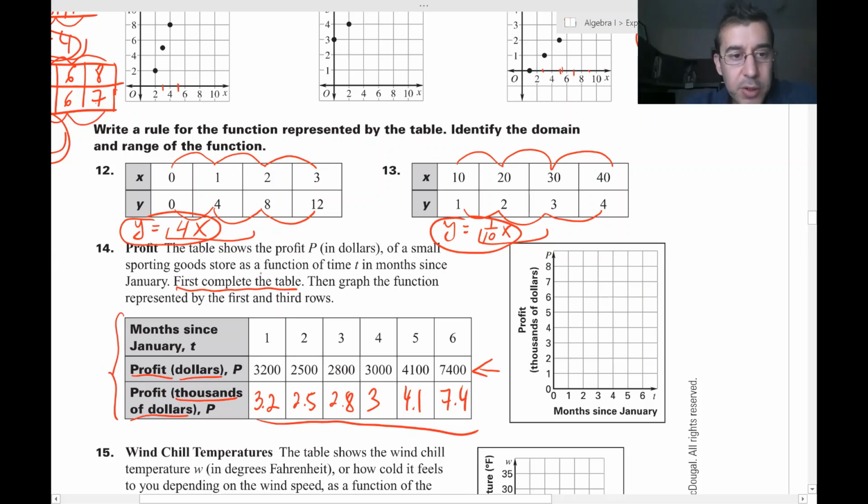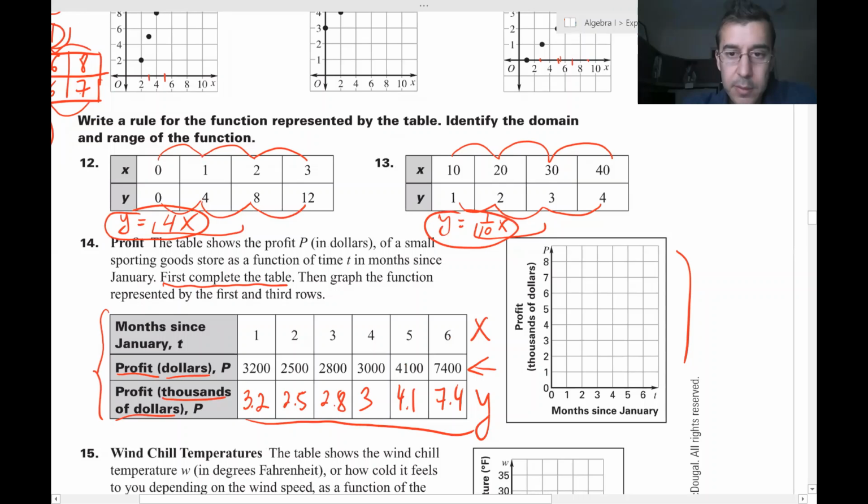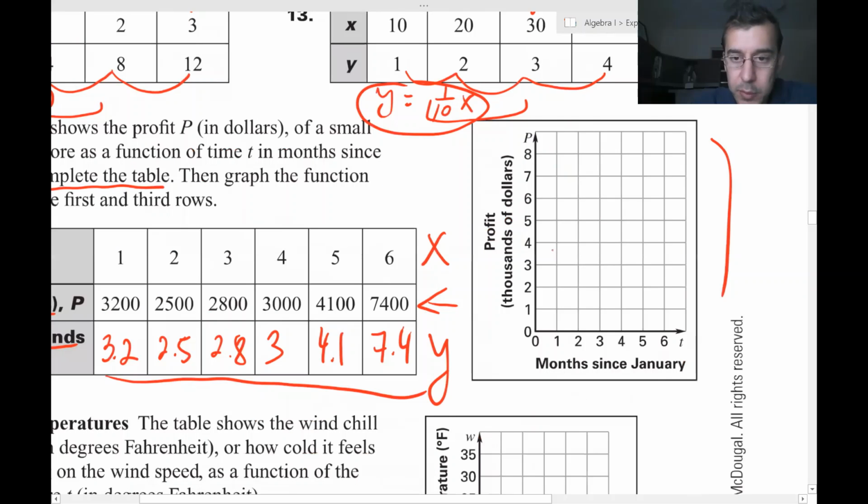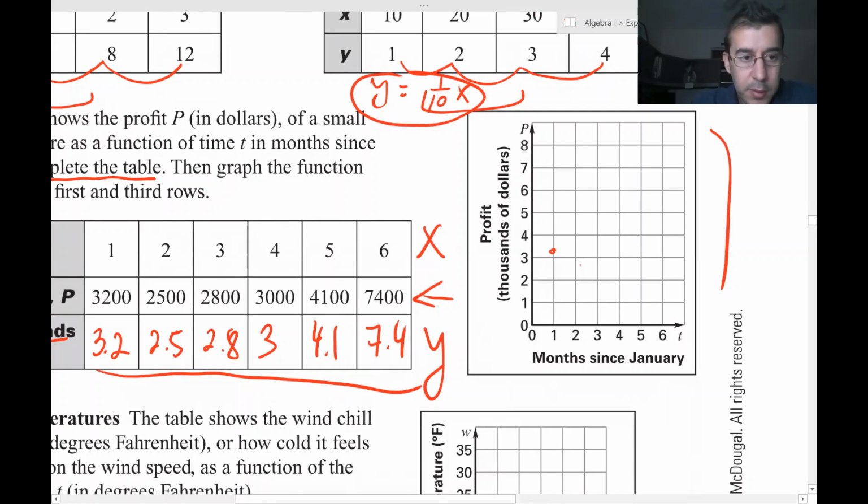Then graph the function represented by the first and third row. So this is x, this is y, and this is the graph right here. So it's 1 for x and 3.2. So 1 and 3.2. 2 at 2.5. 3 and 2.8.